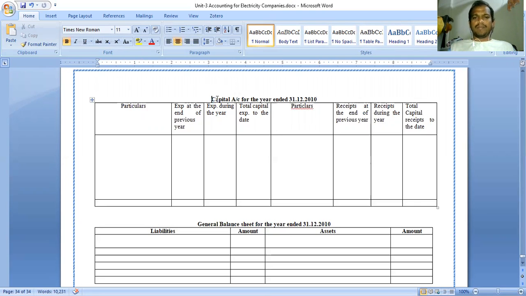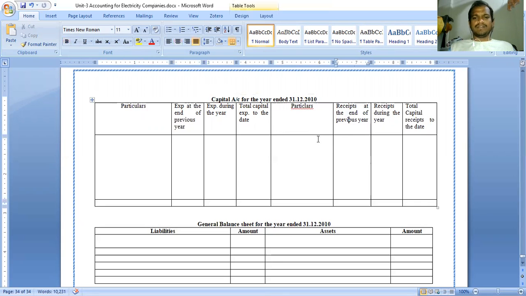Say for example, capital account shows all capital receipts and capital expenditures. In the sense, capital receipts means sources of finance, and how the company utilized those sources towards the capital expenditure, in the sense fixed assets.